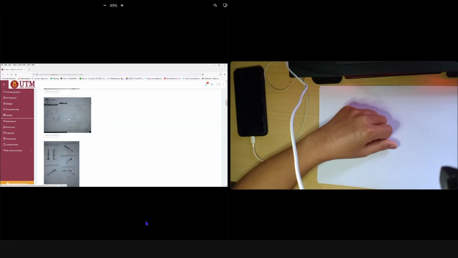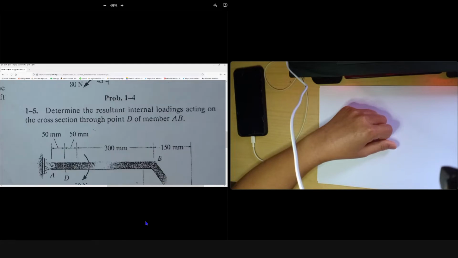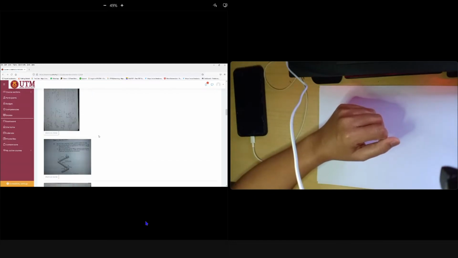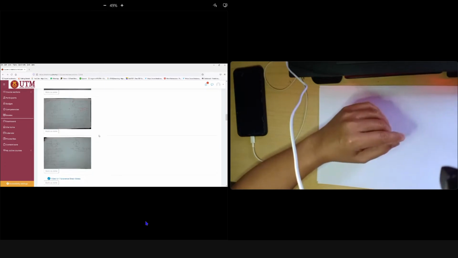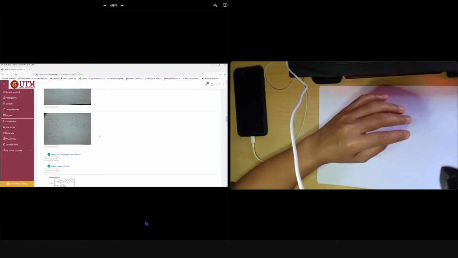You can look at the solutions to see how they got the answers, for example problem 1.5, how they got point D. This comes from your basic statics and solid mechanics strength knowledge. Static questions do not necessarily always involve a shaft, but normally fatigue analysis is on a shaft.